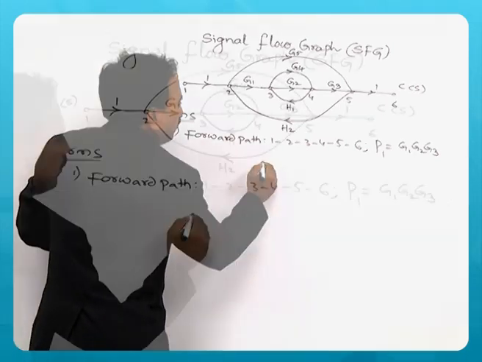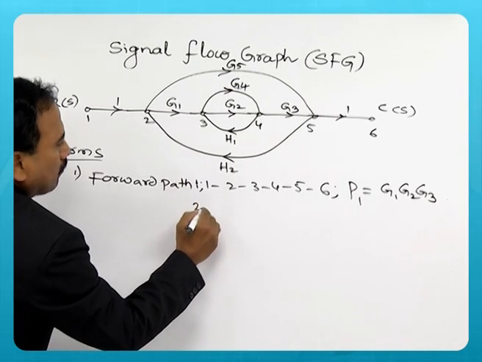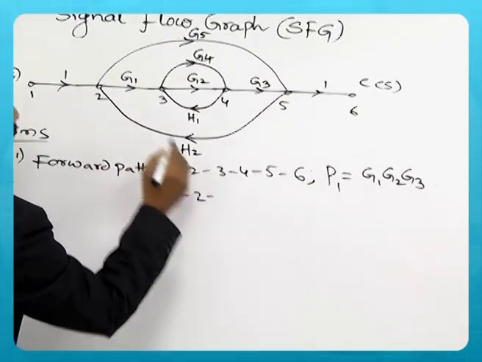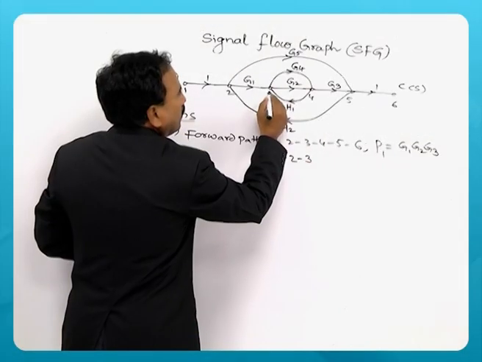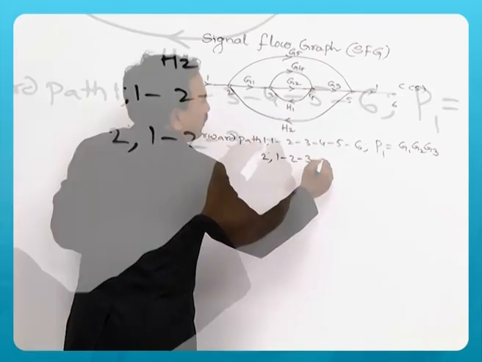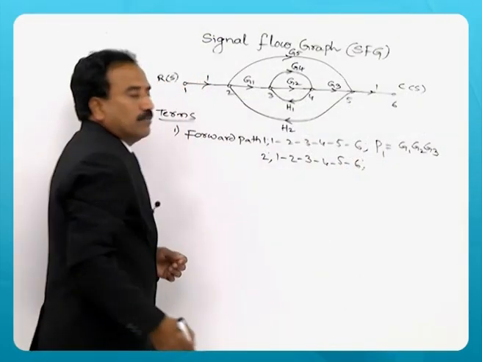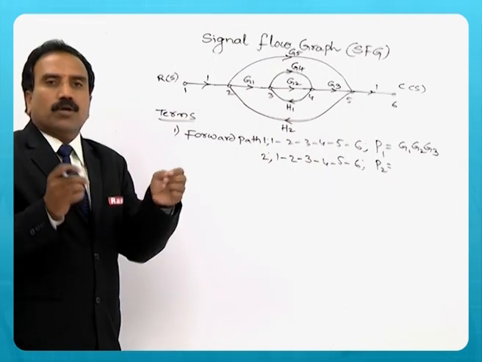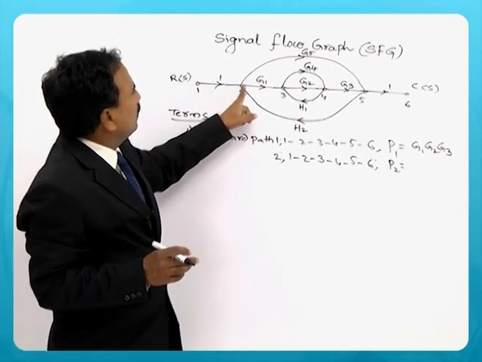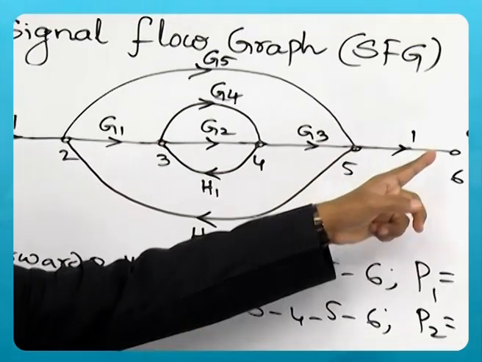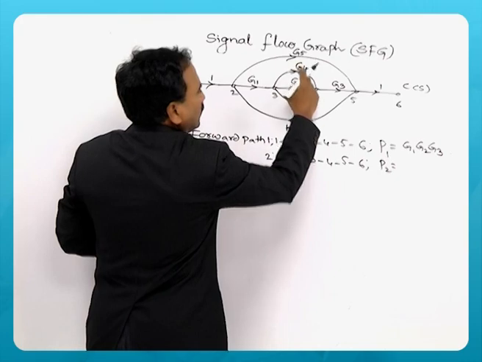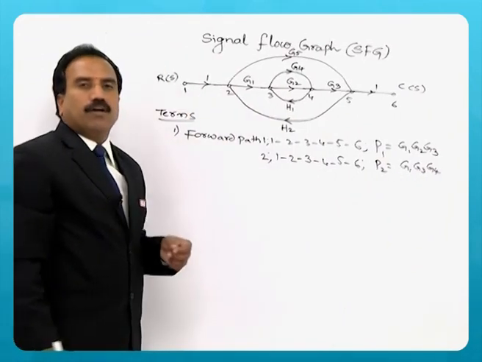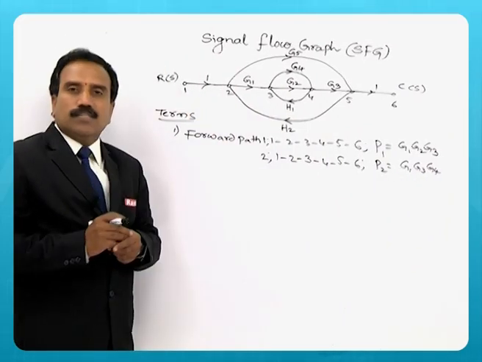So forward path 2 again starts from 1, 2, 3, but it goes via G4, 4, 5, 6. What is its gain? I will write it as P2, the product of that path's gains: 1, G1, G4, G3 and 1. So it is G1, G3, G4. So, second forward path identified in this example.